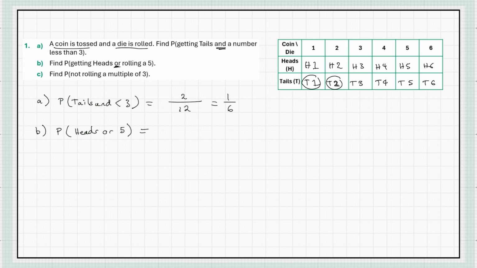So automatically, all of these values along here are already favorable outcomes because they contain a head. But the one we want to add to it is the tails and a 5, because ultimately it's every outcome involving either heads or involving the number 5. So favorable outcomes are going to be 7 out of a possible 12.